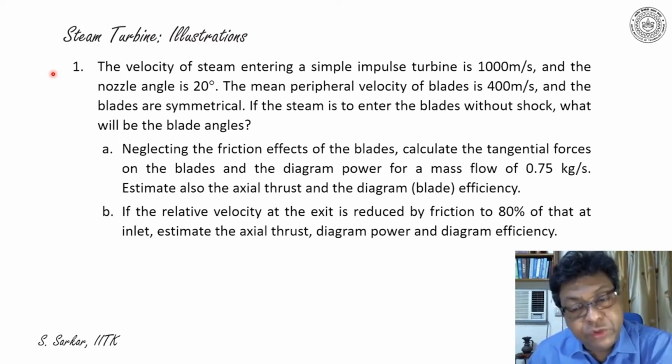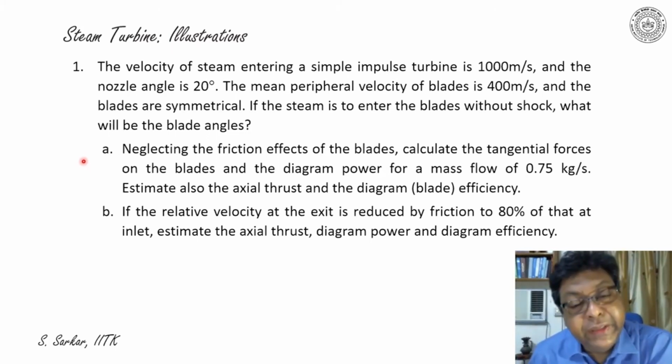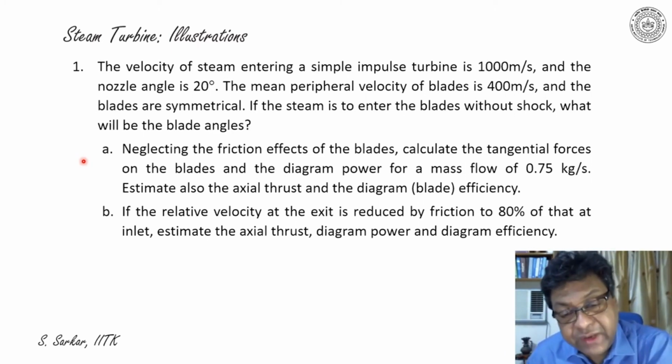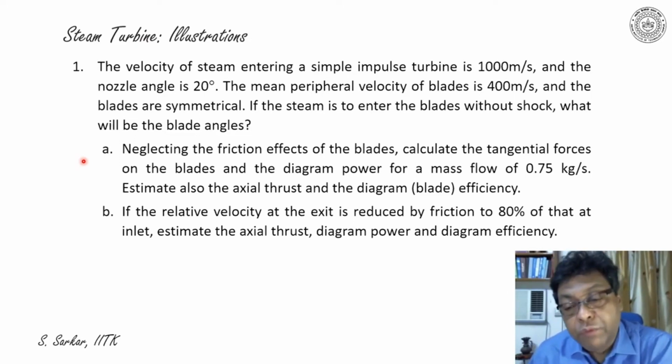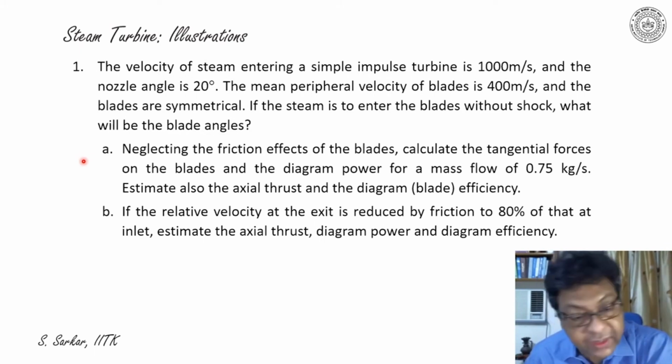If the steam is to enter the blade without shock, what will be the blade angles? Part A, neglecting the frictional effects of the blades, calculate the tangential forces on the blades and the diagram power for a mass of 0.75 kg per second.